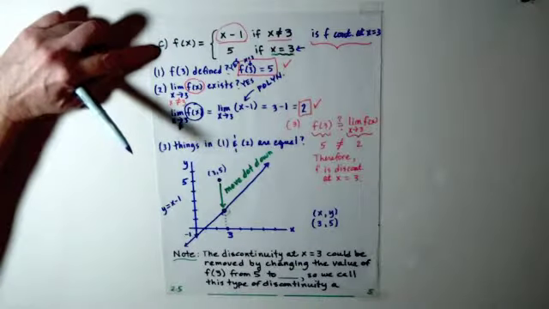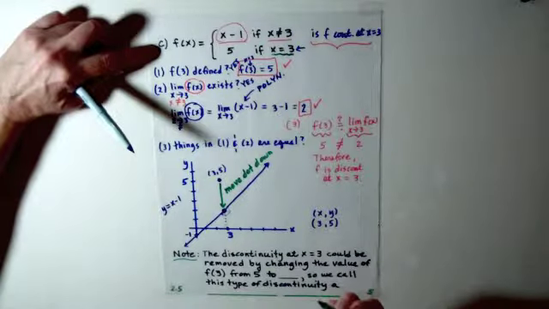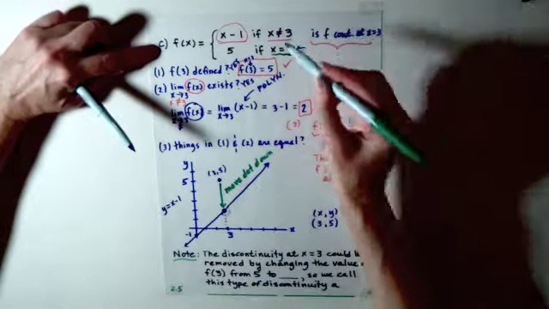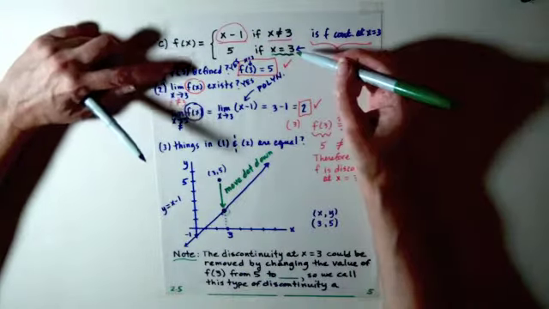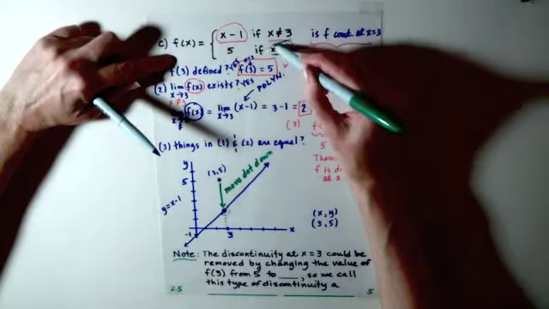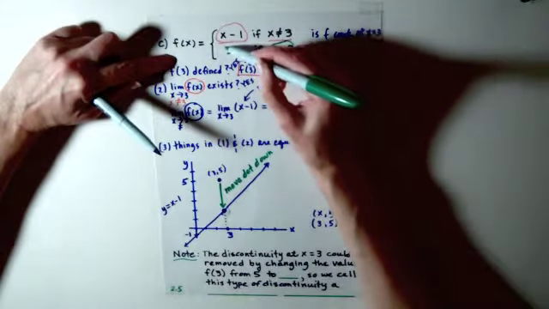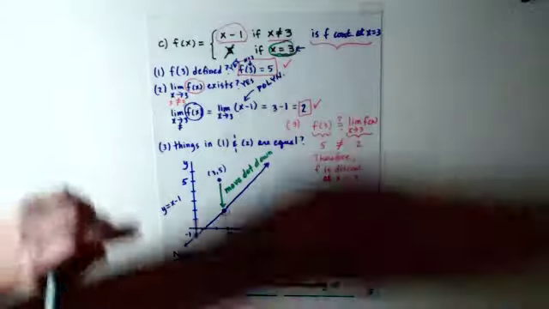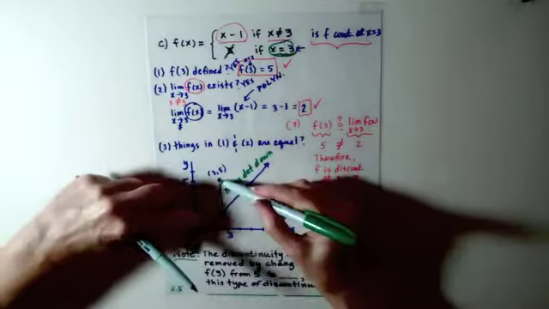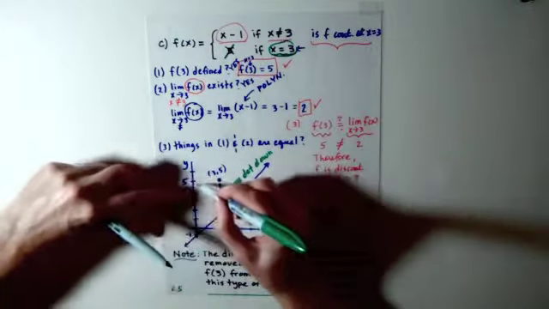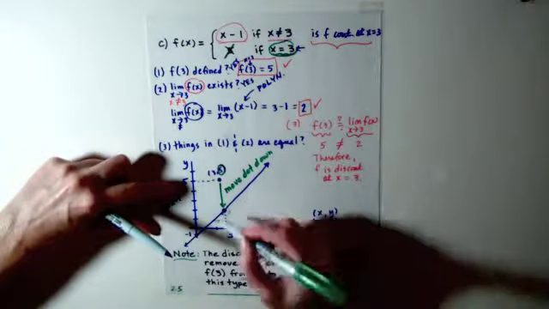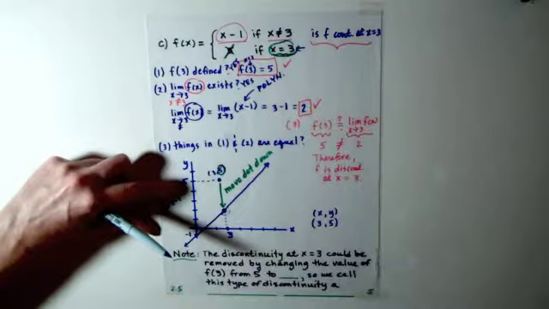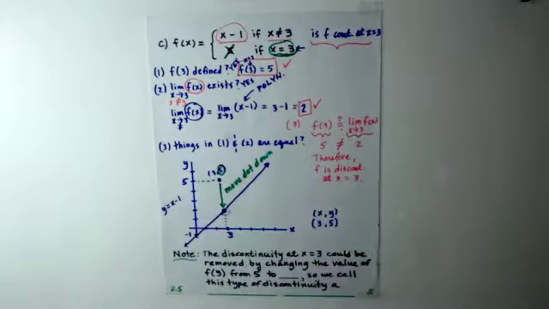So the function as given is not continuous at 3, but we could create a new function that is continuous at 3 by changing the definition slightly. And moving this dot down would be the same as changing the definition of f of x right at x equal 3. And can you see what I would have to change about the output value in order to make this dot move down? This dot is at a height of 5. What height would it have to be to fill in this empty hole and end up giving me a continuous line right through 3?